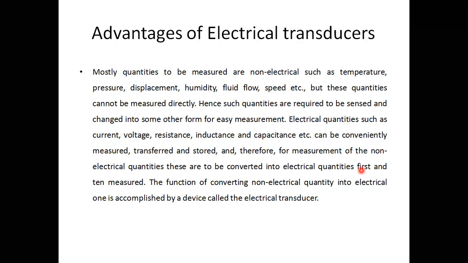Similarly, the transducers are classified as electronic transducers, electrical transducers, and mechanical transducers. Nowadays we are mostly using electrical and electronic transducers only, and we are limiting the usage of mechanical transducers.